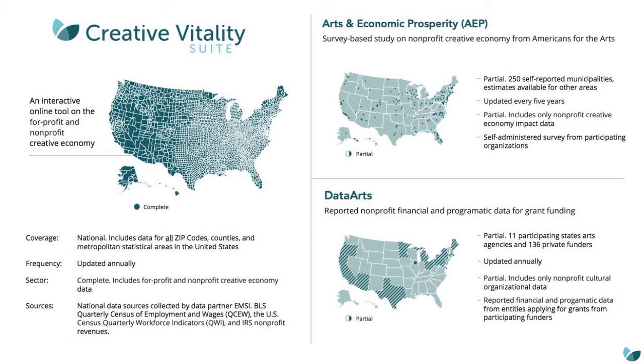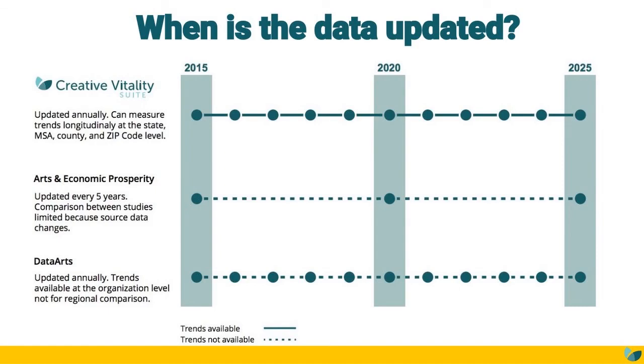So we know there is oftentimes confusion about the various data providers to the arts, and we like to try to identify the differences between them. The AEP is Americans for the Arts report on the economic impact of nonprofit arts and cultural organizations and their audiences. The study is conducted once every 5 years and relies on the participation of partners to administer surveys and gather local nonprofit organization information.